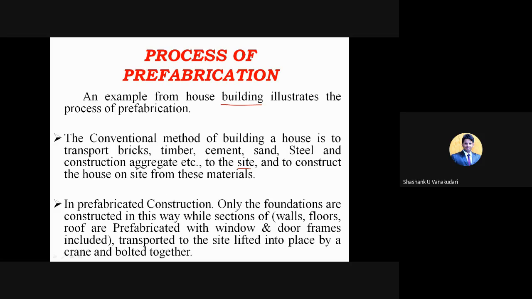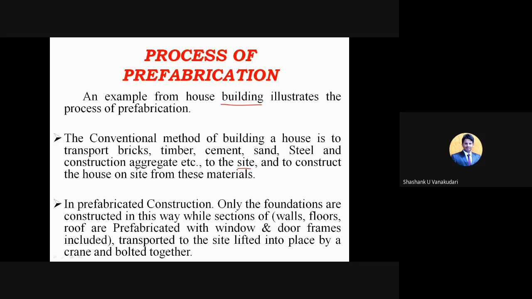But in prefabrication construction, only the foundations are constructed, because foundations you can't place with prefabricated concepts, right? Because we need to check with respect to the hard strata that you will get, and depending upon that we need to fix it with the conventional method itself. Except for the foundations, all other construction aspects we can handle with prefabrication concepts.